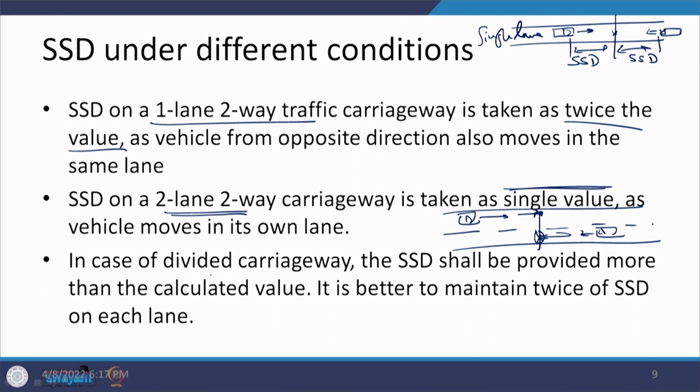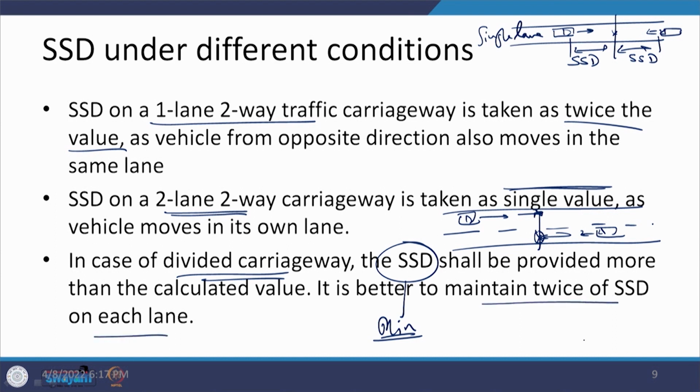In the case of divided carriageways, the SSD is what is to be provided, because this is the minimum value which has to be provided under any condition. But it is always better to provide twice the SSD on each lane.